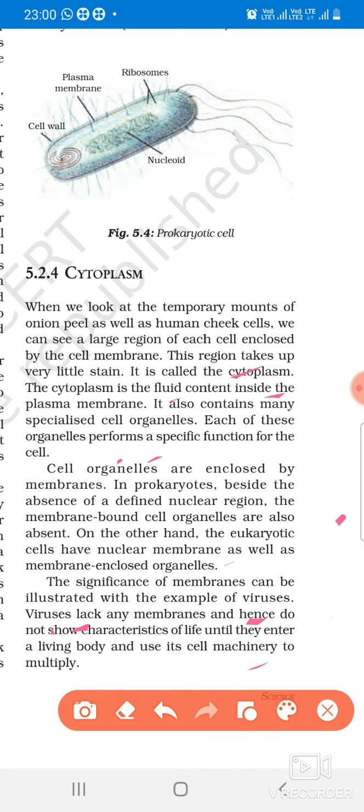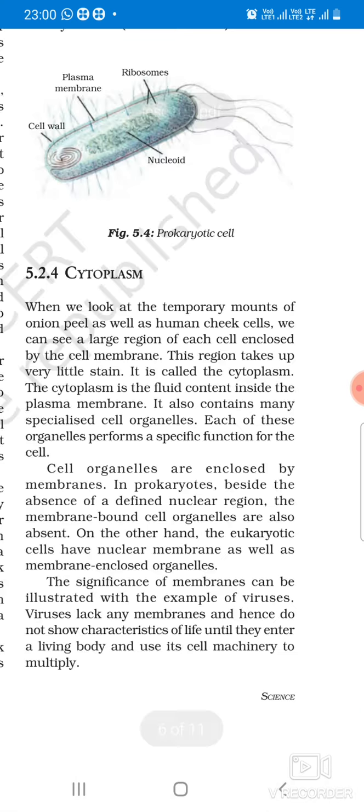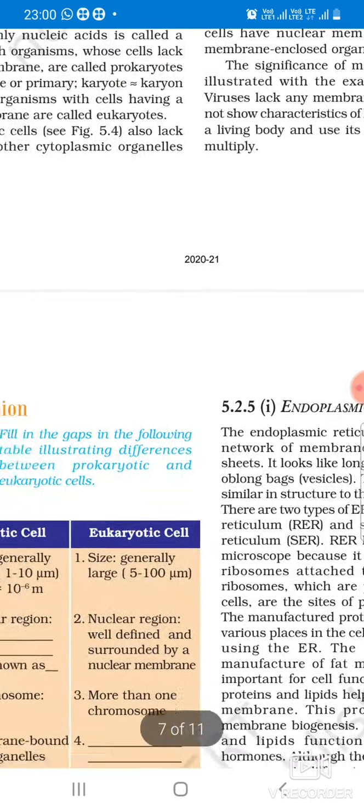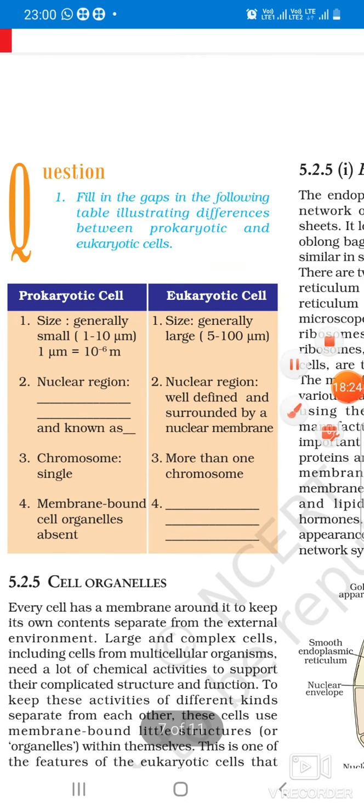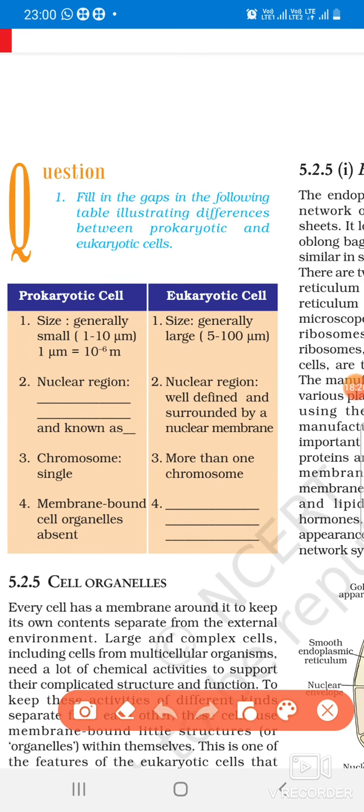Now what is the difference between the prokaryotic and the eukaryotic cells? You have to write this also. Prokaryotic cells are generally smaller in size; eukaryotic cells are generally large in size.